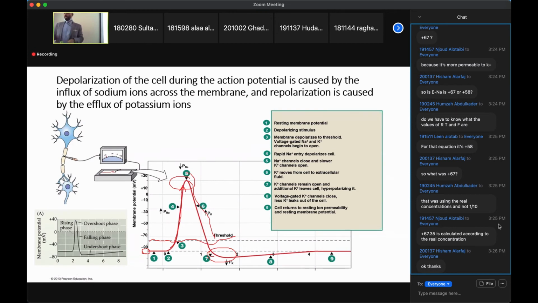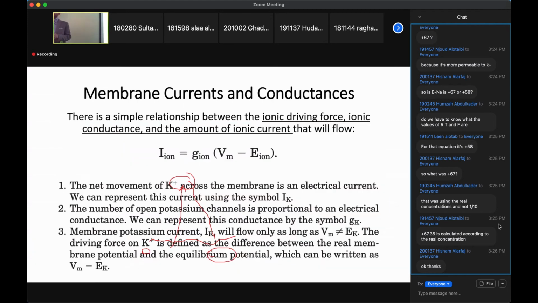Okay. So this will be basically described by the law that we covered in the beginning, which is very similar to Ohm's law, okay? So basically current equals conductance times voltage, which in this case is the ionic driving force.